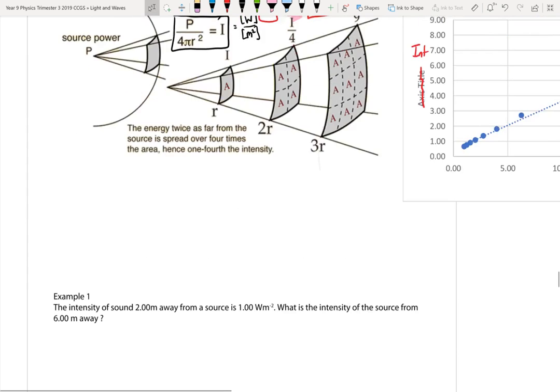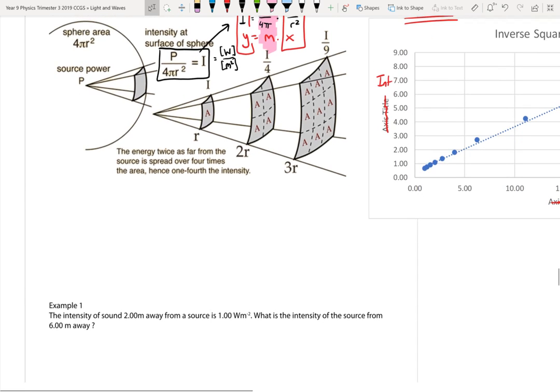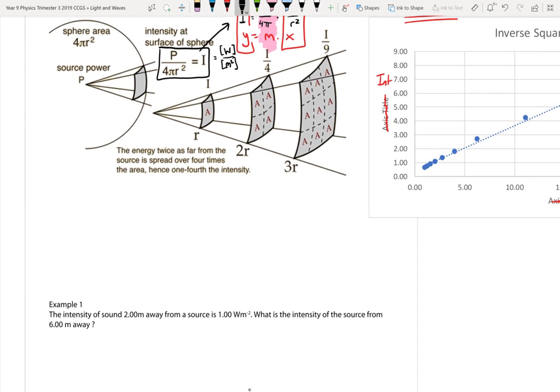All right, now, here's the deal. I could write power over 4 pi R1 squared equals intensity 1. Okay? You with me? I could then say that power equals 4 pi R1 squared times intensity 1.